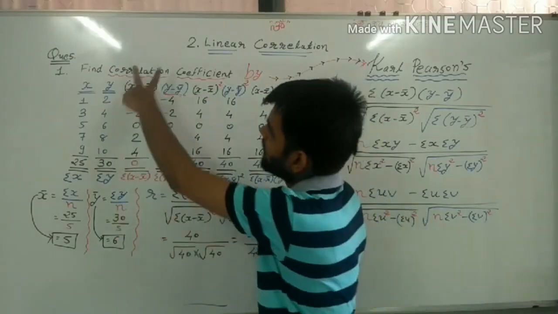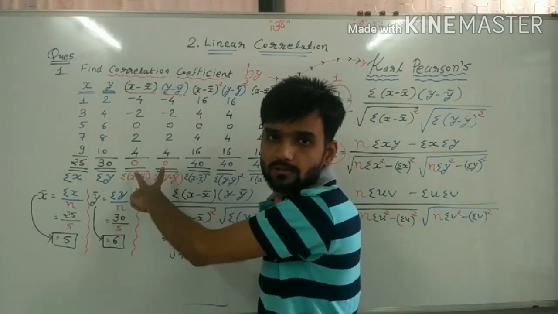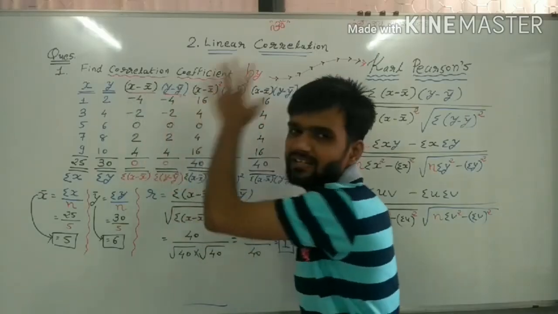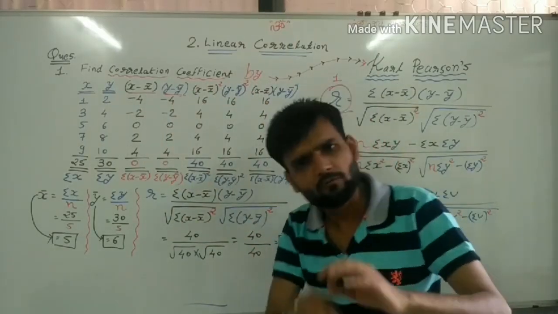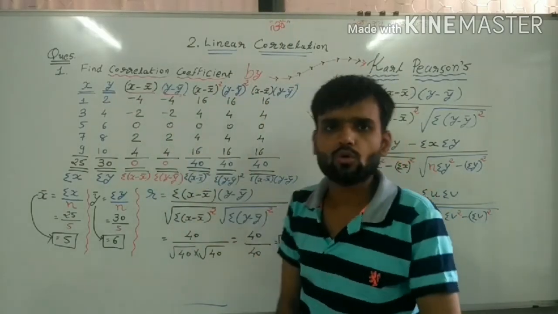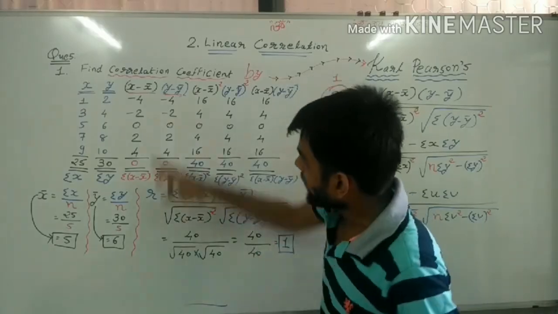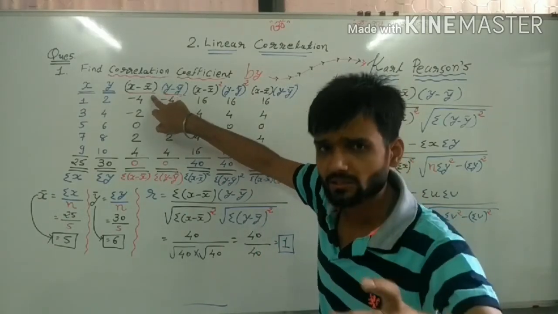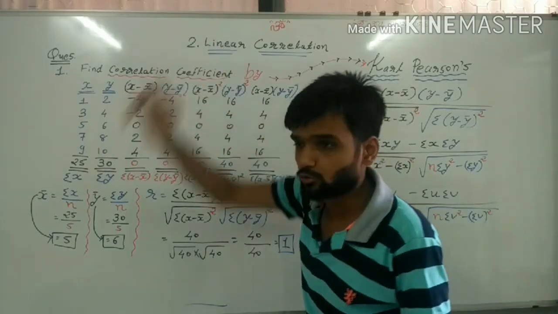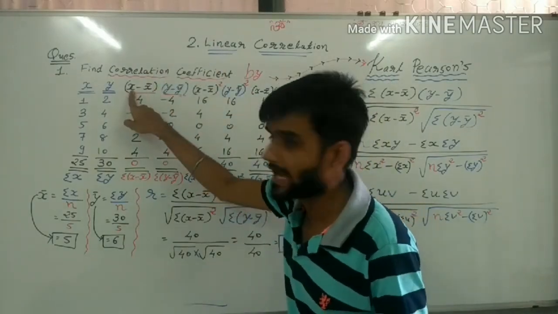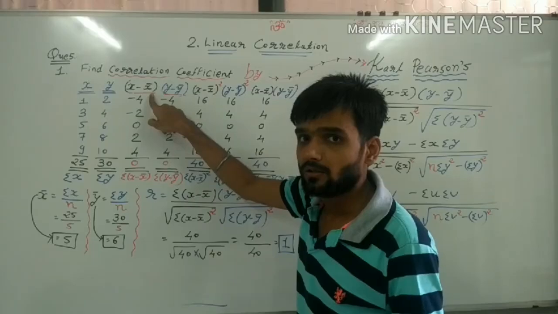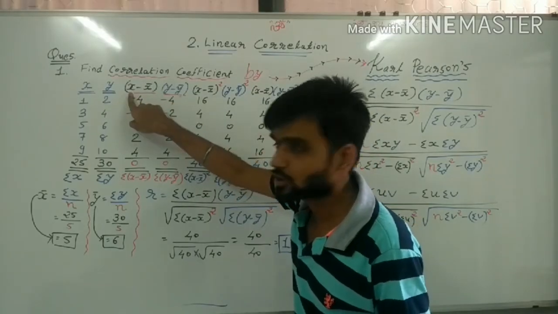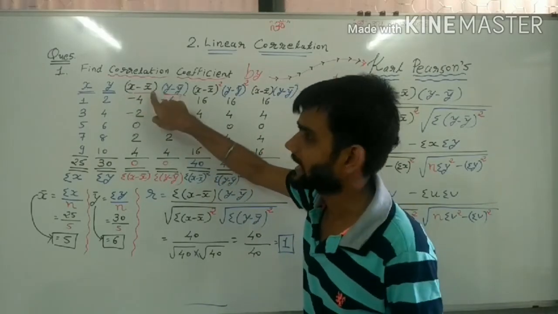Now we can find the first two columns, x minus x bar and y minus y bar. Very easily we can find these two columns. To find the first column, x minus x bar, first of all we need to deduct the x bar value from the values of x. So from all the values of x, we are deducting x bar.